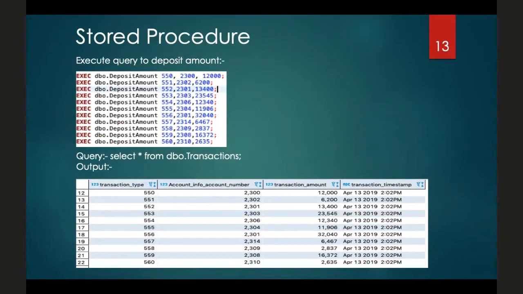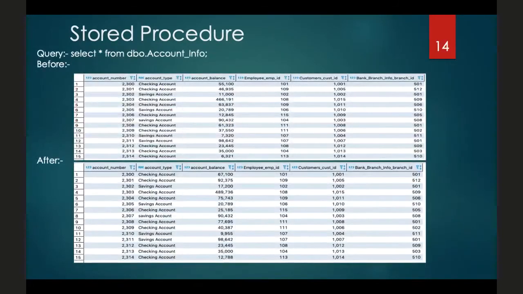Before executing the query, the account balance for 2300 is 55,100. After the execution of that query, it becomes 67,100. So as you can see, this stored procedure is executed for the deposit amount.